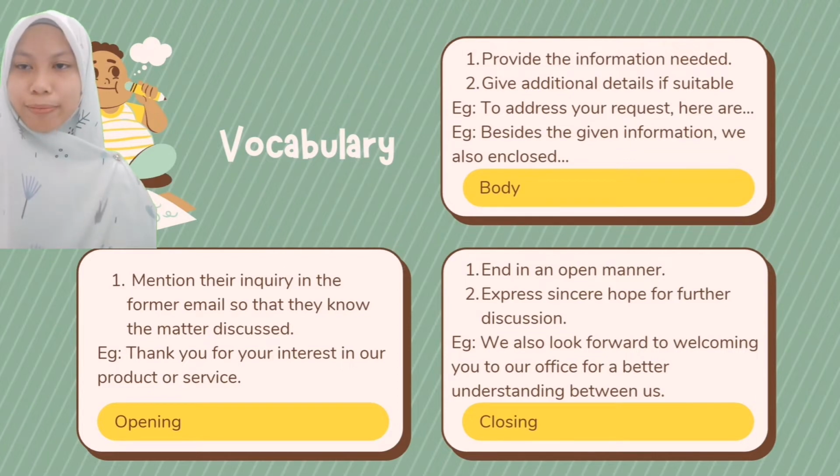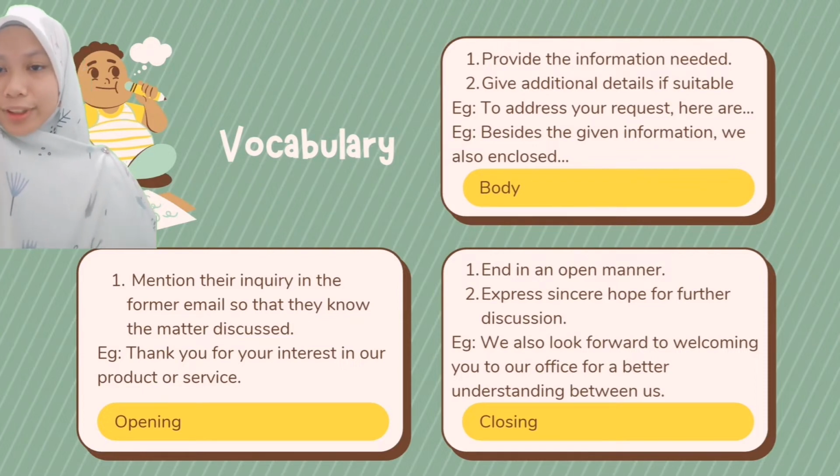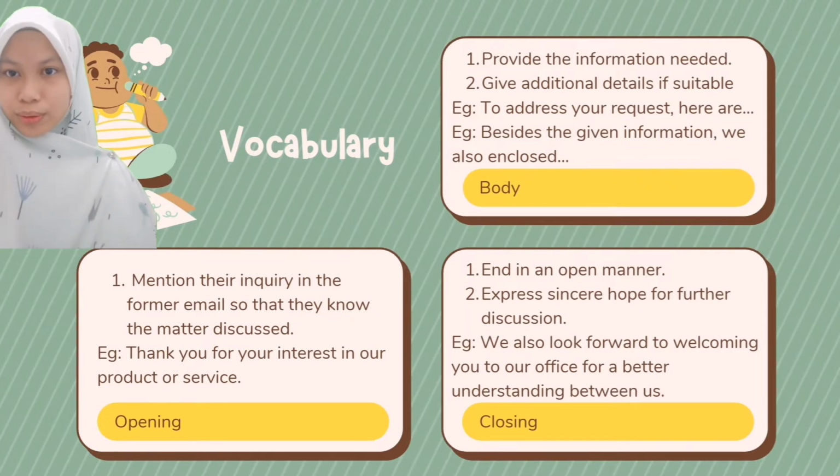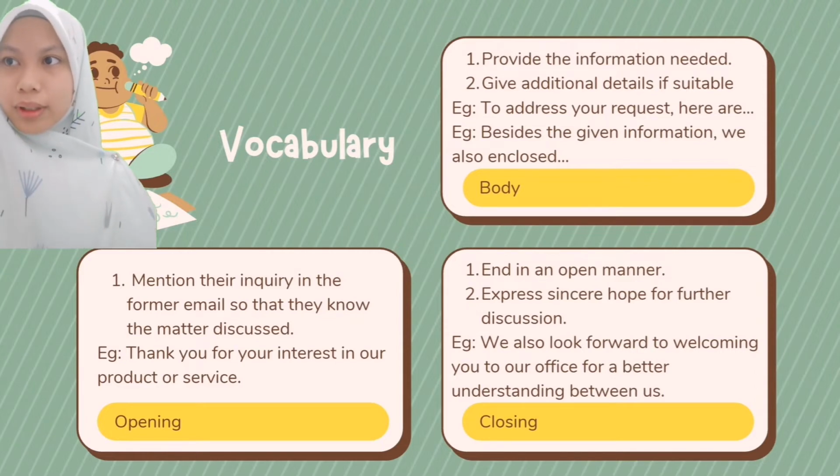For example, what I have written here is, thank you for your interest in our product and or service. We can see from the vocabulary used in the letter that we politely say thank you for the interest they have shown. For the body, we first need to provide the information needed, and secondly, give additional details if suitable.